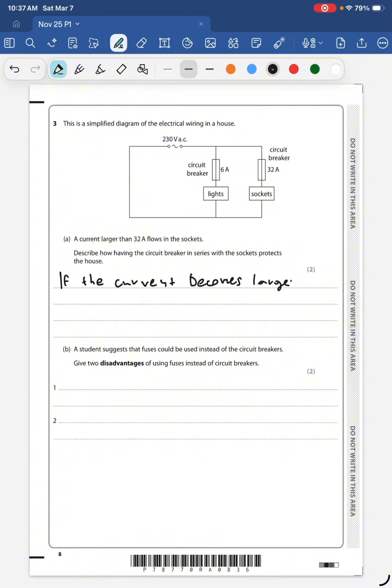Okay, so if the current becomes larger than 32 amps, the circuit breaker trips, and this breaks the circuit.